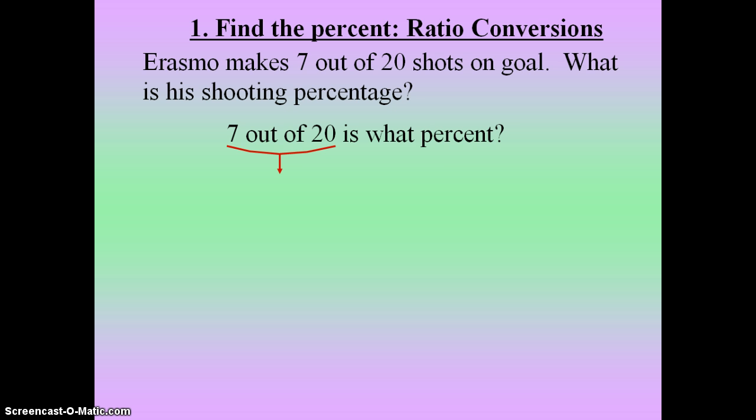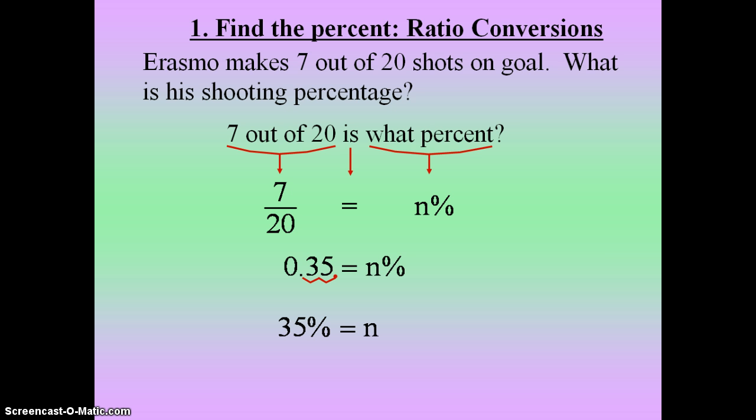Well, 7 out of 20 means 7 over 20, and that is equal to x percent or n percent. How can I find that percentage? I'm going to simply divide that fraction into a decimal, and then change that decimal into a percent, which I know how to do. I want to move that decimal twice to the right, and I'm going to get 35%.